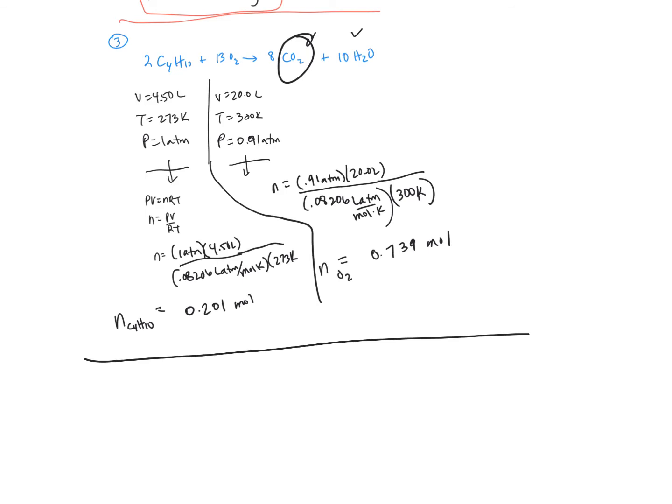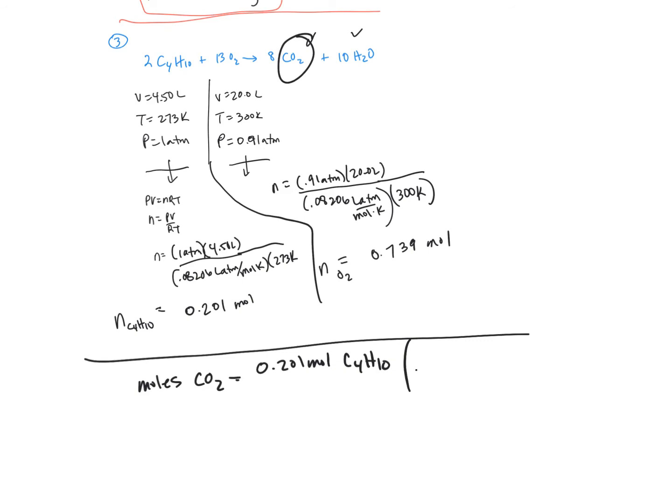So you're going to look at the moles of CO2, which will be equal to the moles of butane, 0.201. And then you look at the balanced chemical equation, and you want to convert from moles of butane to moles of CO2, and it's an 8 to 2 ratio.